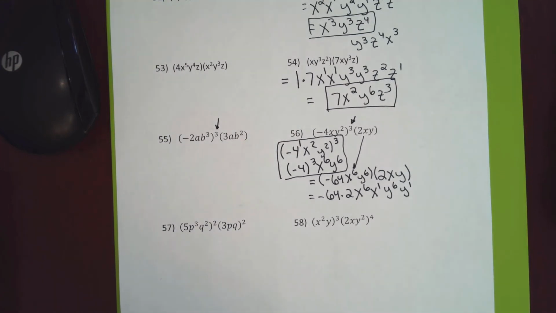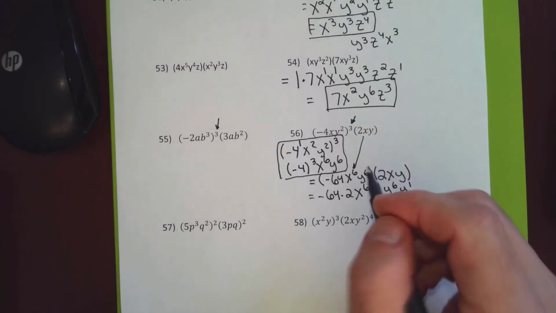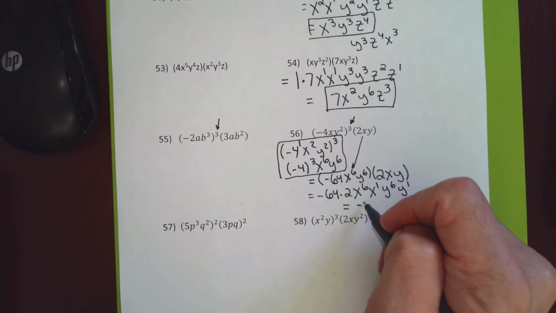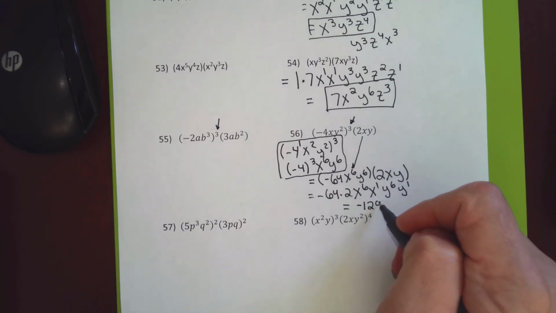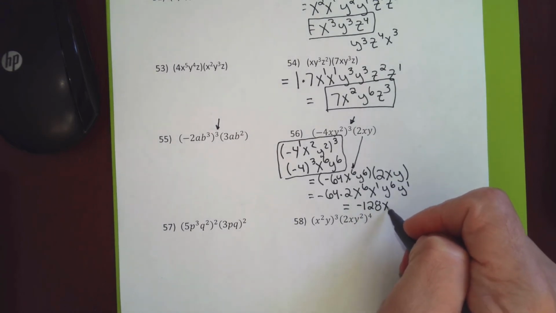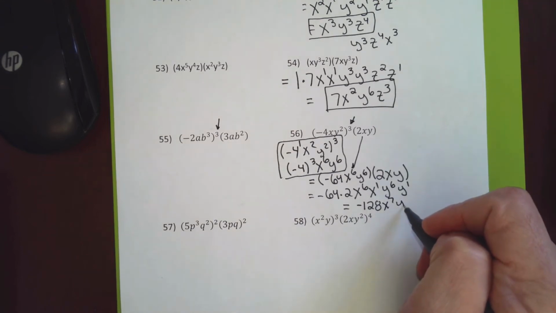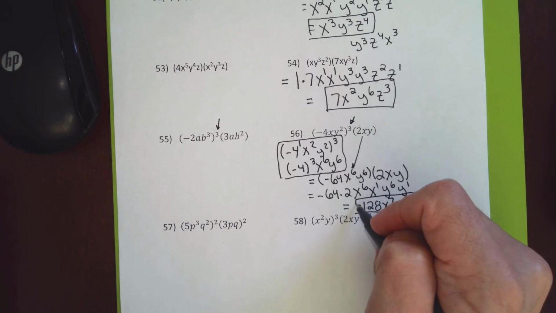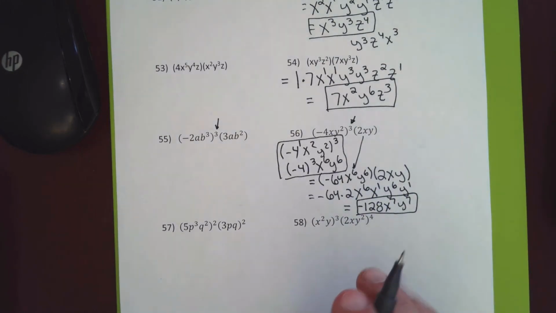It's way more complicated. But here I've got this flexibility. So now negative 64 times 2 is negative 128. Use rule 1 to add the exponents on the x's. Use rule 1 to add the exponents on the y's. And I get negative 128, x to the 7th, y to the 7th for my answer.